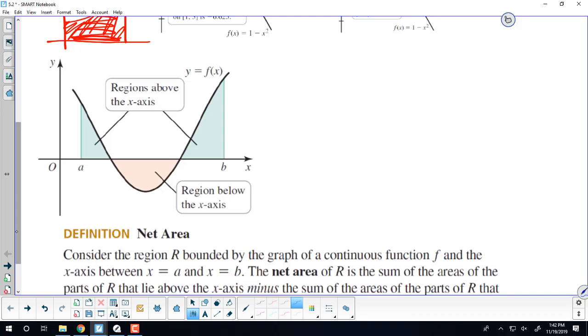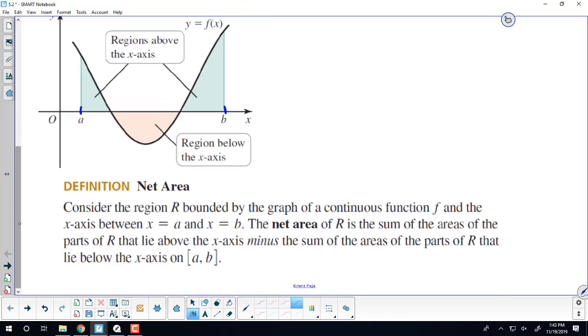We're not going to really worry about that. What we're going to say is, if I compute an area like this, the area from A to B, whatever that number comes out to be, represents the net area on that function from A to B.